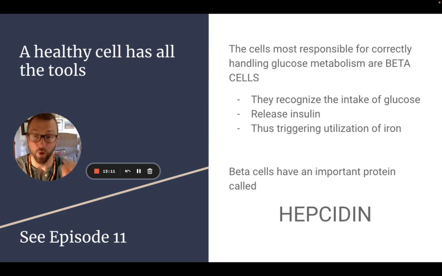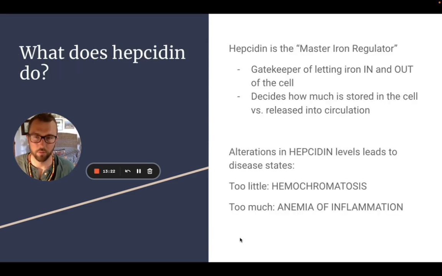Okay? If you want to know more about hepcidin, go back to episode 11 to learn more about iron homeostasis in a healthy body. We're talking a little bit about it here too. So what does hepcidin do?